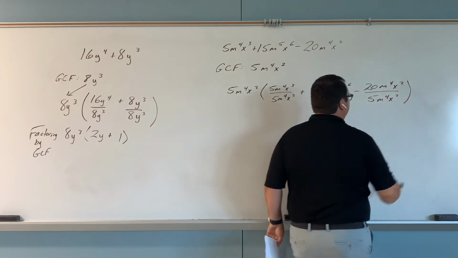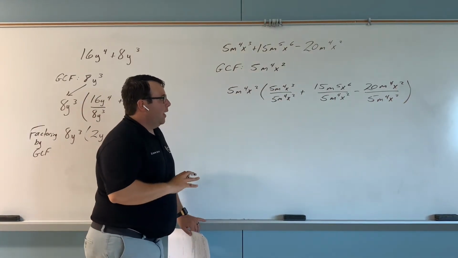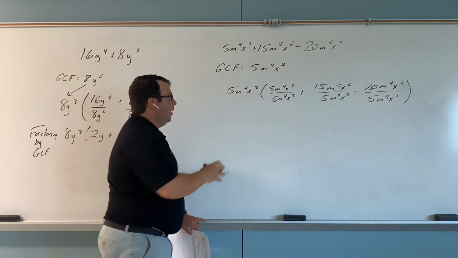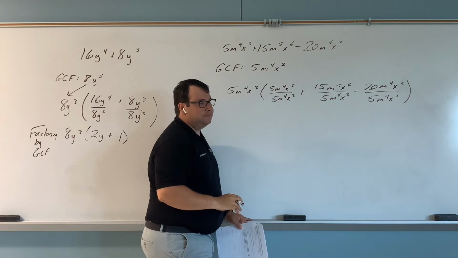It's a little bit of writing, but that's okay. Now, I'm pulling out my GCF, so that's why I've put it out to the side. That's why I'm dividing it throughout my polynomial.